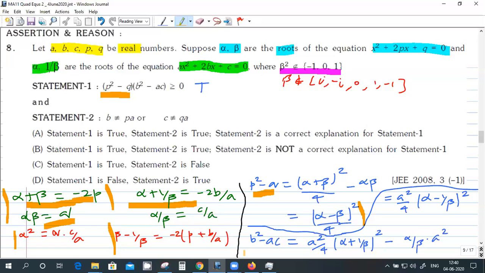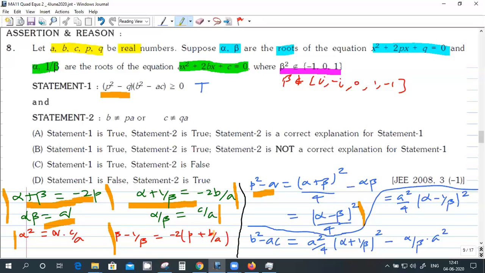Okay, similarly b square minus ac. So b I'll get from here, and c I can write in terms of a from here.